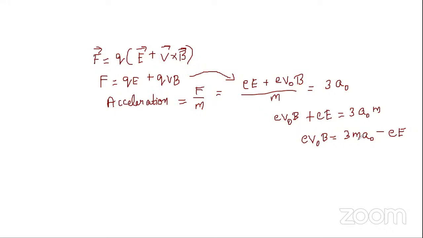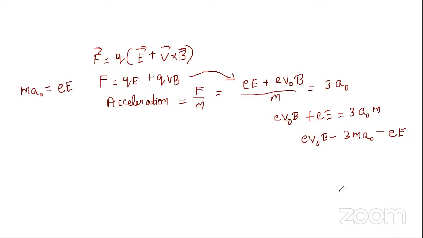In the first scenario, a proton released from rest moves with an acceleration a naught along the west. So m a naught equal to e into the electric field. This is the first case.